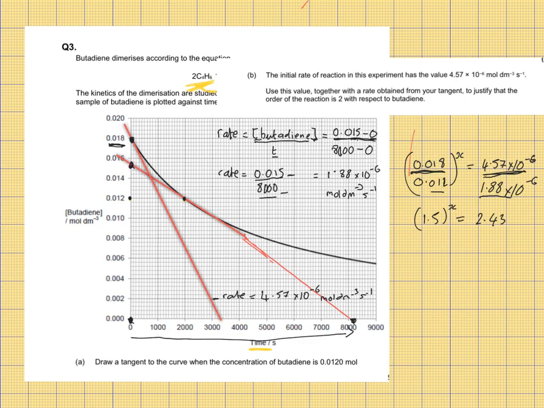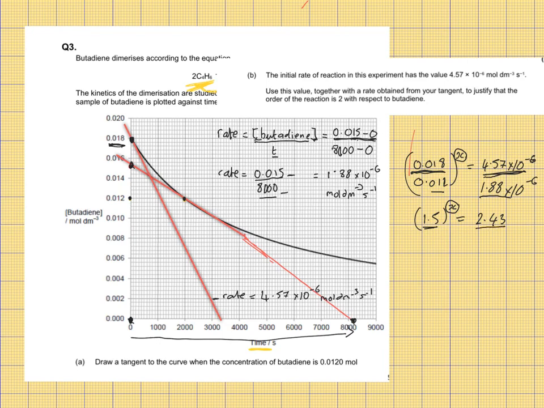If we raise this to the power x to find out what the order is with respect to the butadiene, that comes out to 1.5 to the power x, which is the order with respect to the concentration of butadiene. And if we divide the rate for the two experiments, the rate has increased 2.43 times.